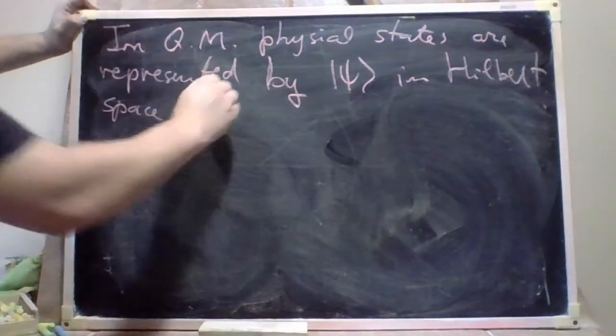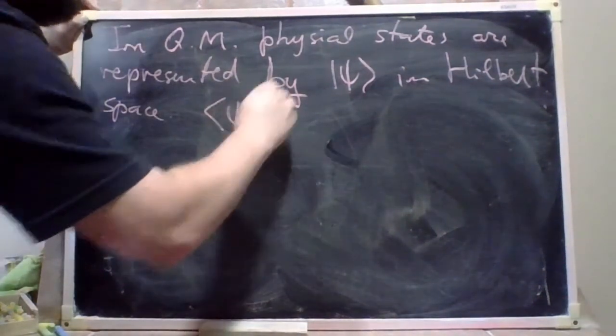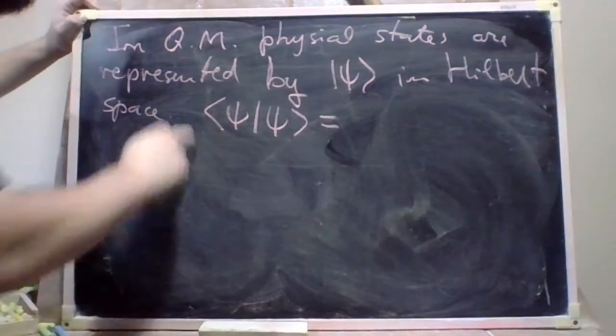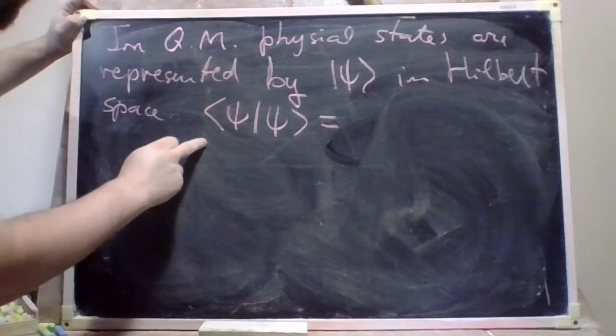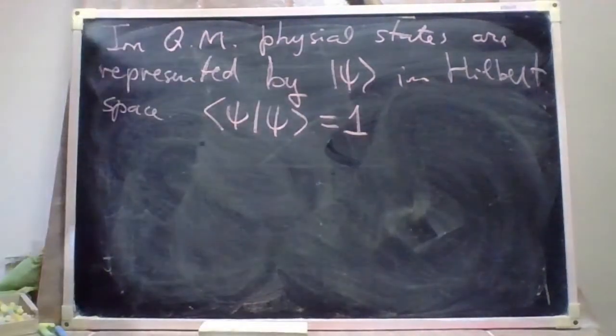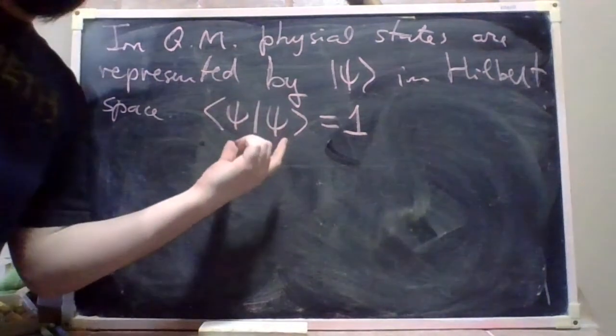And also, there is another postulate imposing that the norm of the state must be equal to 1 because of the probabilistic interpretation.